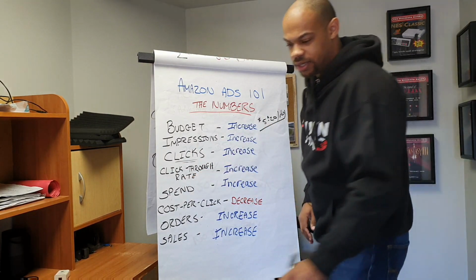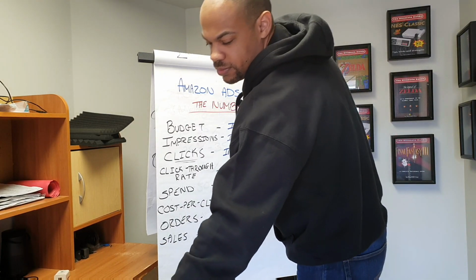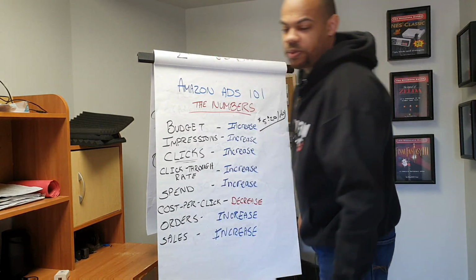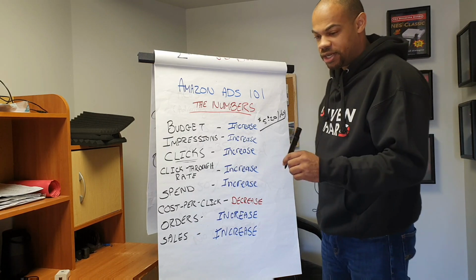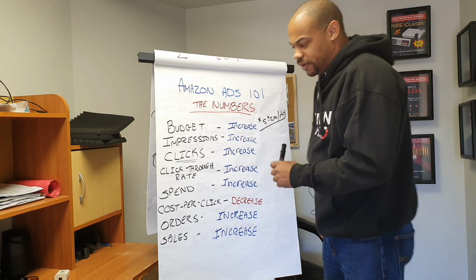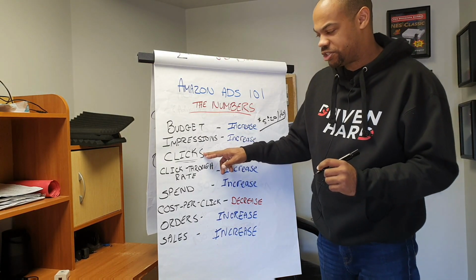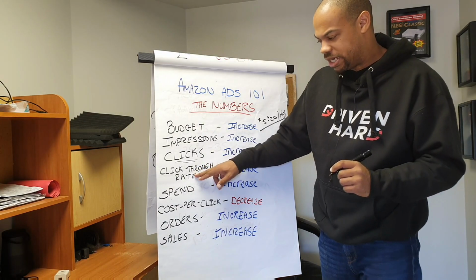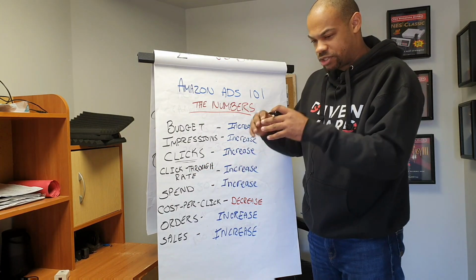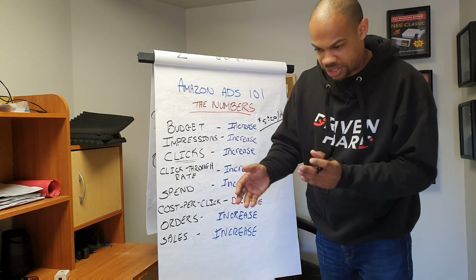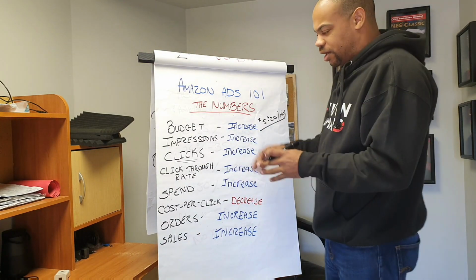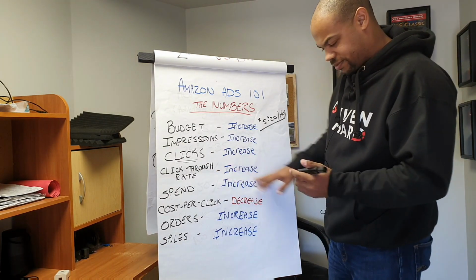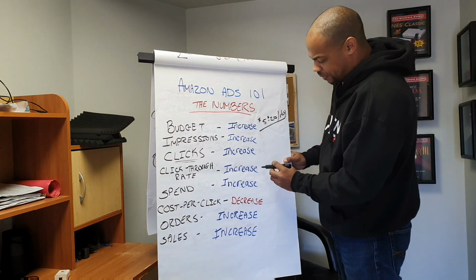Click-through rate is the percentage of people who saw your ad and then clicked on it. So here we have the total number of clicks you're getting, and the click-through rate is how many people actually saw your ad and clicked it. Honestly, you'd be happy around 0.5%.